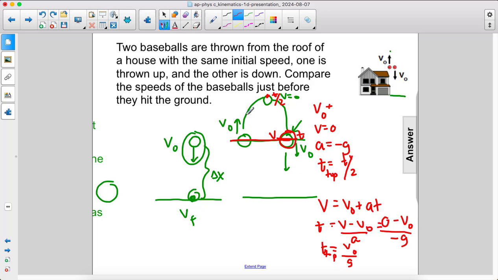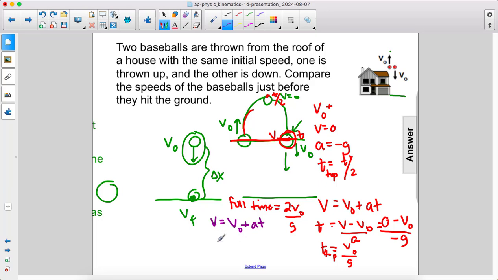So therefore the time all the way back over here is going to be 2 times that. So the full time from when it goes from here all the way to here is going to be 2 v naught over g. Now I'm going to use my kinematics equation 1 again to see how fast it is going at that time.